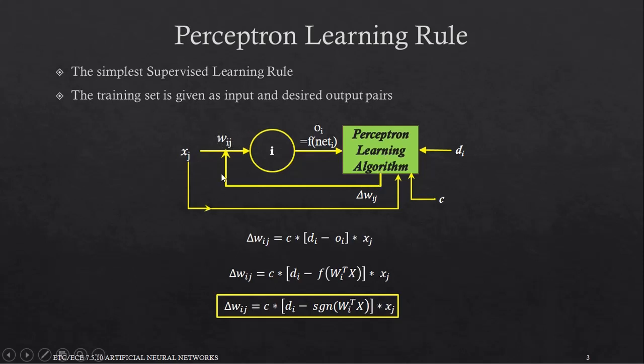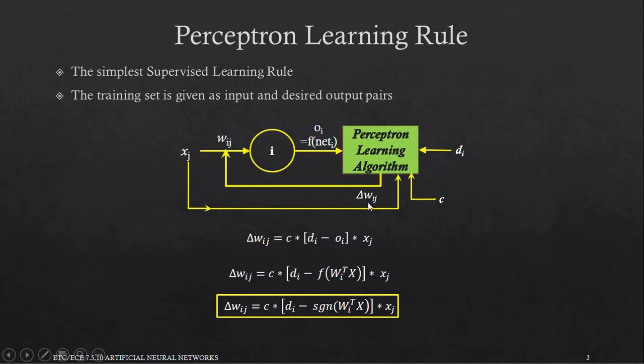That means the weight change is proportional to the difference between the desired output and the neural output. This helps us with the mathematical equation for weight update.